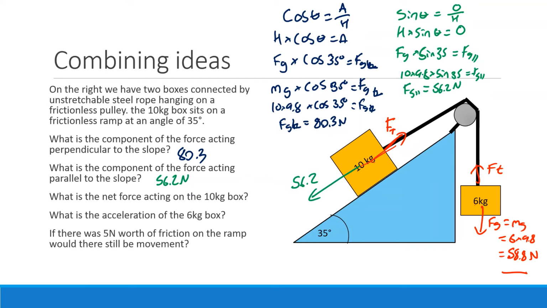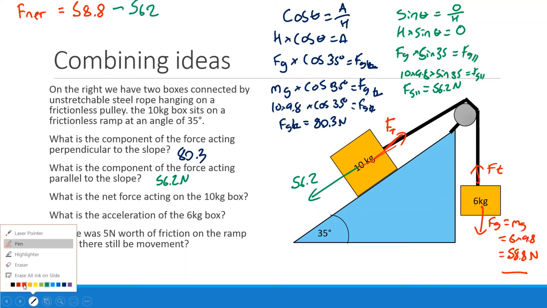So the net force on the total system: we've got this 58.8 newtons pulling it downwards, and then we've got this 56.2 pulling it down the slope, so that's acting in the opposite direction. So I'm going to go minus 56.2.